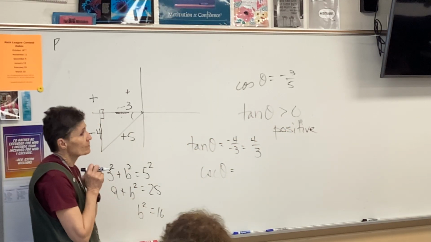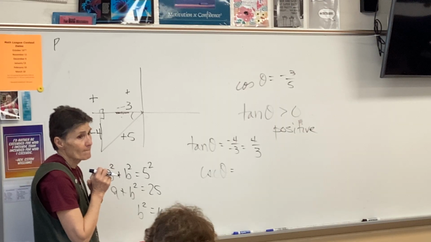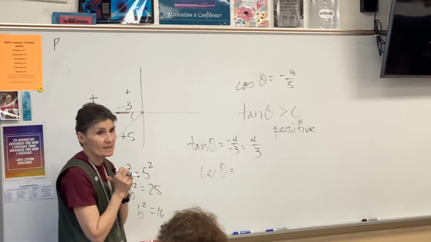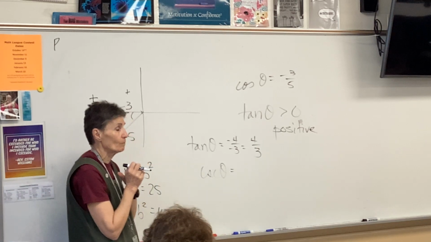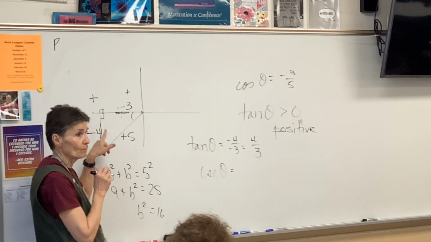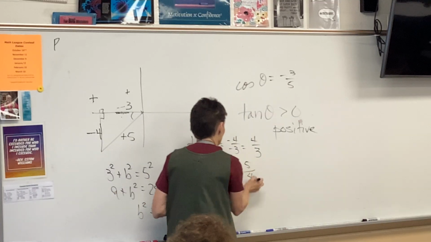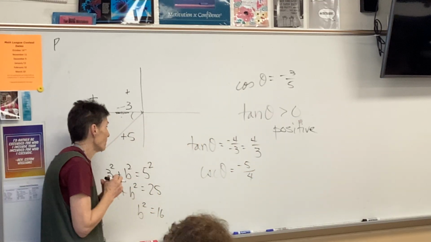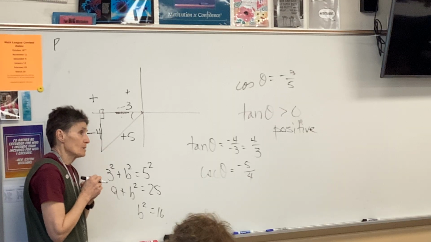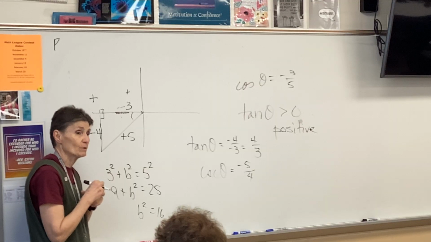And then what is cosecant? Reciprocal of the sine. Sine is opposite over hypotenuse, so it will be hypotenuse over opposite, or negative 5/4. Remember when you write the fraction, you can put the negative anywhere you want. So I put it on the top, you can put it on the bottom, if that makes more sense to you, 5 over negative 4.